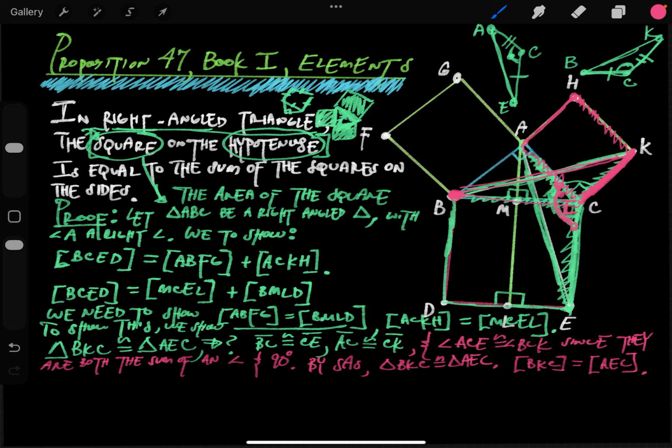And if you extend CK, the altitude looks something like this. The height times CK is the area of this triangle. So the area of BKC is equal to CK times a height divided by 2.